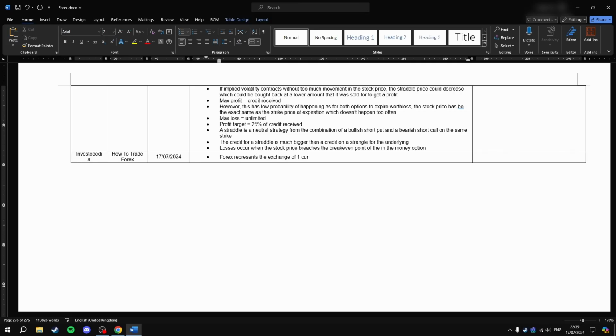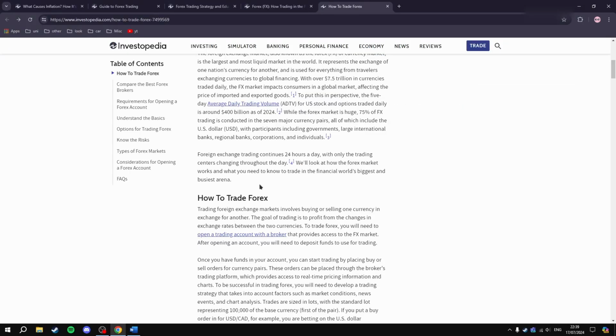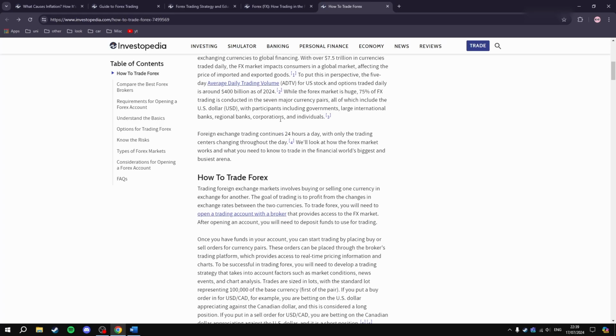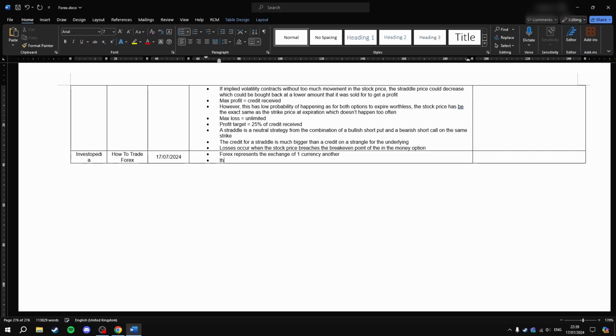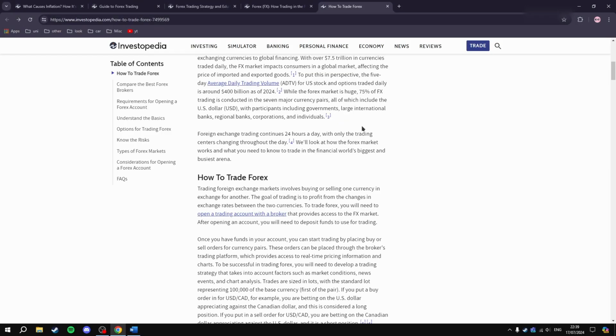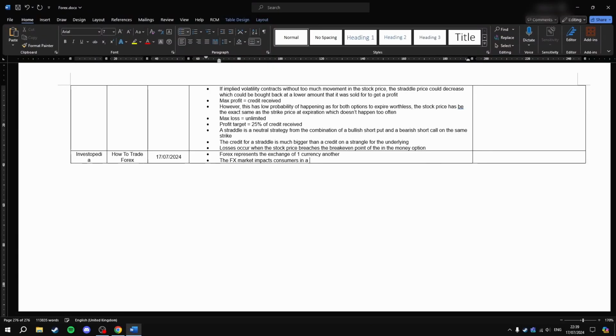Forex represents the exchange of one currency to another. With over 7.5 trillion in currencies traded daily, the FX market impacts consumers in the global market, affecting the price of imported and exported goods.